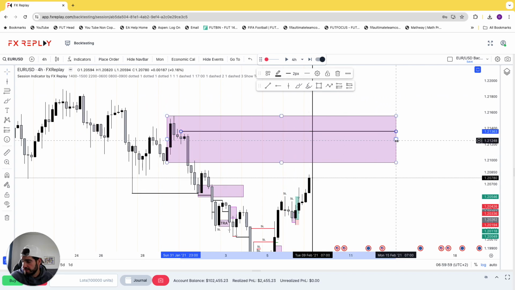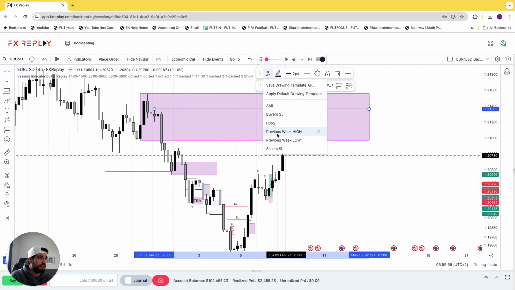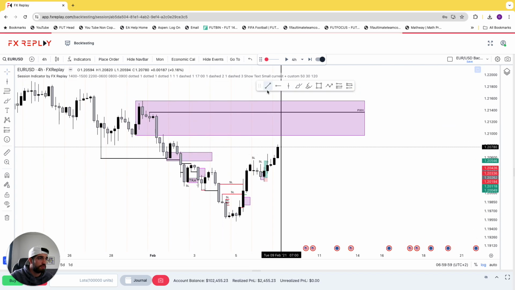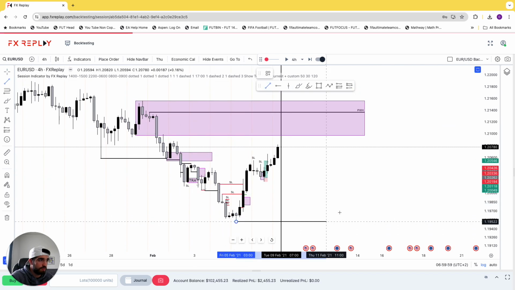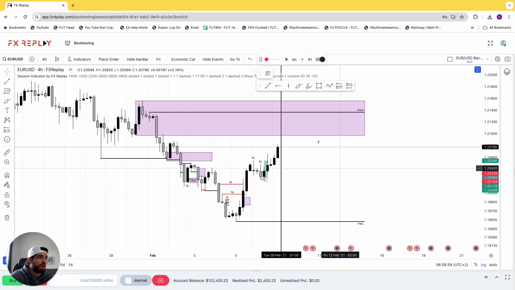This is the high of last week. Pretty sure, yes. So I love to have this zone marked out, previous week high. And of course, I do previous week's low, because these are huge zones of liquidity.